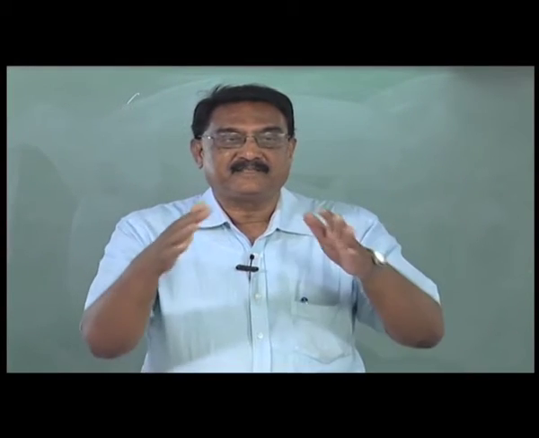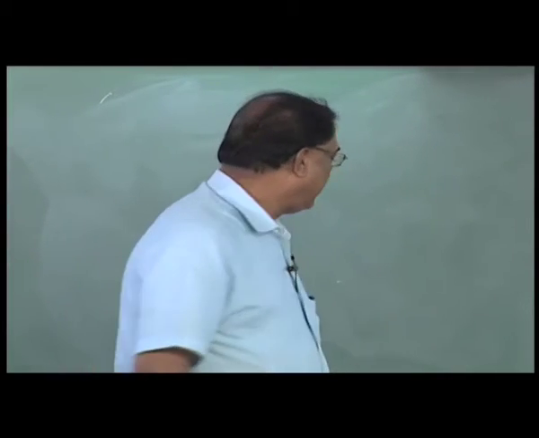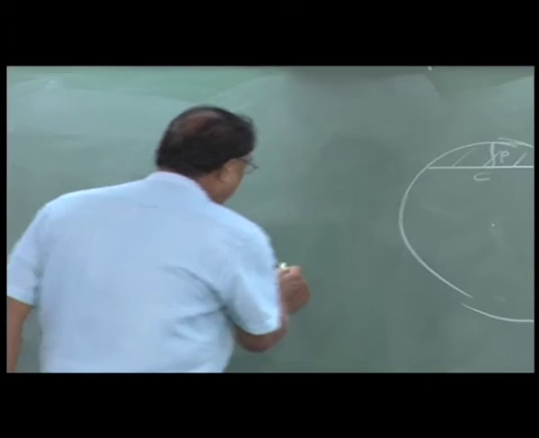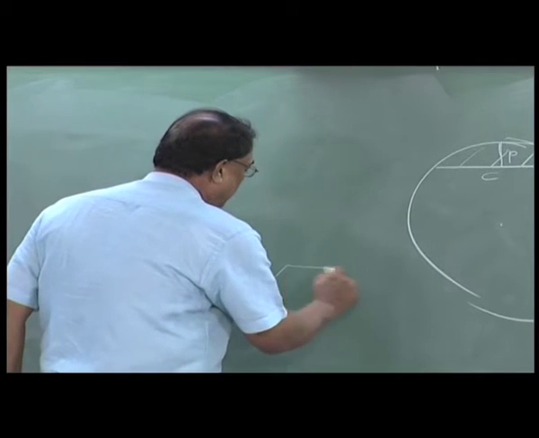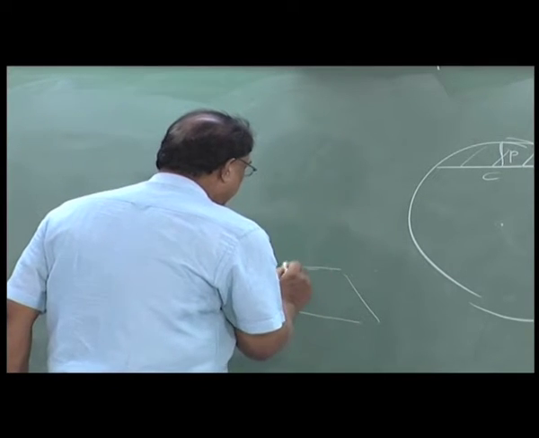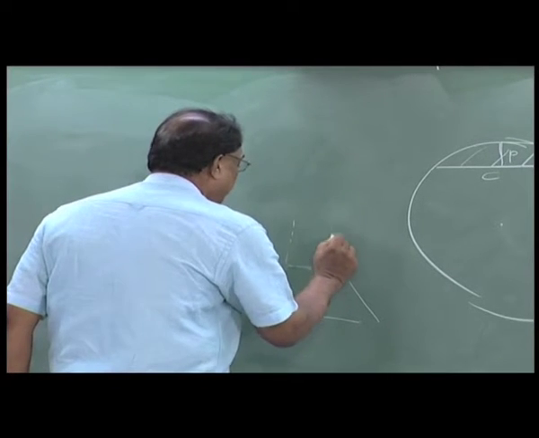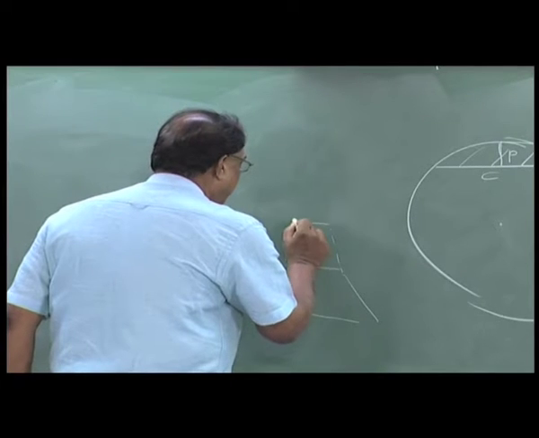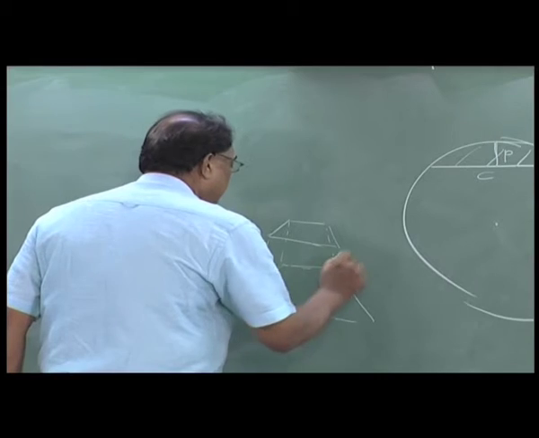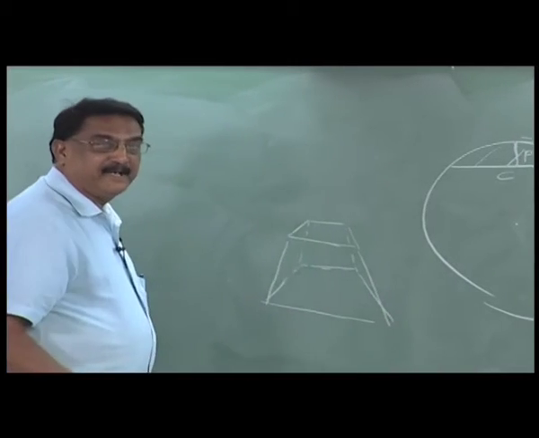So, how do you get the frustum? This is a figure like this, isn't it? So, tapering kind of a thing, isn't it? So, this is a frustum kind of a thing.